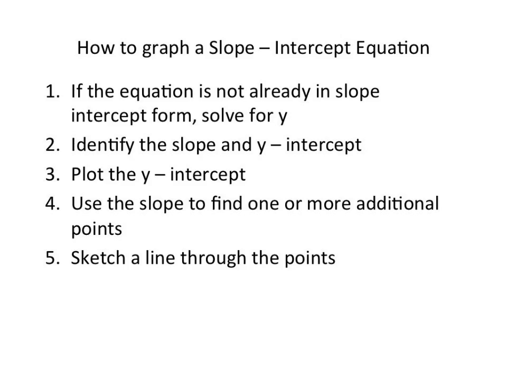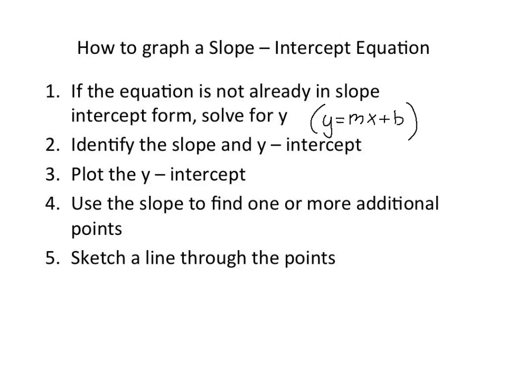Now what I want to practice today is how to actually use these two values to graph a slope-intercept equation. So the first thing we're going to do, number 1 here, is if the equation is not already in slope-intercept form, and just as a quick reminder, the slope-intercept form is the equation form y equals mx plus b, the slope being m, where the b is the y-intercept.